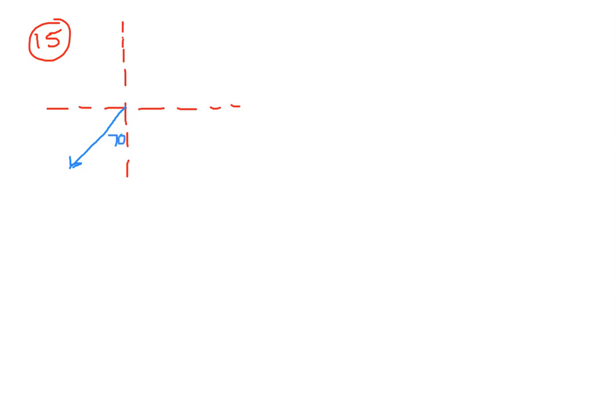So we want to draw our horizontal and our vertical. So that means this angle is going to be 20. So this is our x and this is our y. And to find this, we're going to say cosine of 20 equals the absolute value of x over 6, because that's how fast he's going.